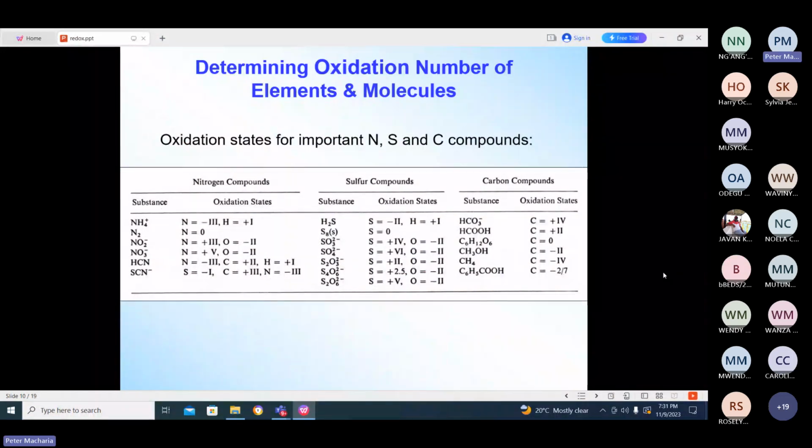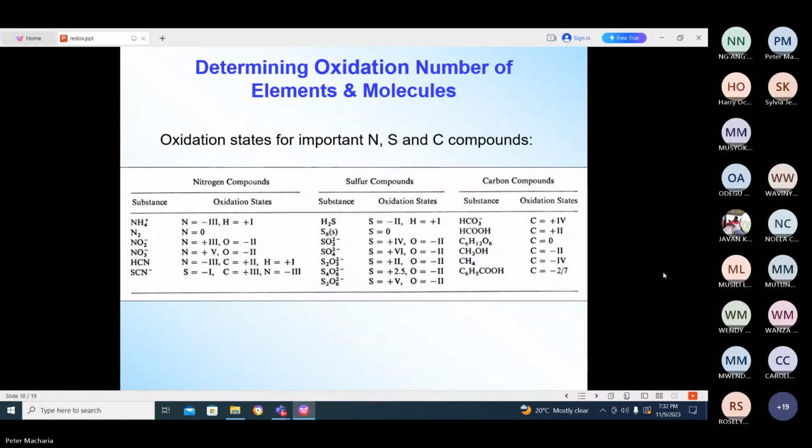Here are some examples. So in NH4 plus, the equation should be 1N plus 4H is equal to +1, isn't it?